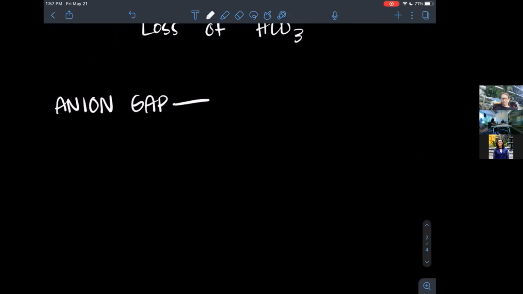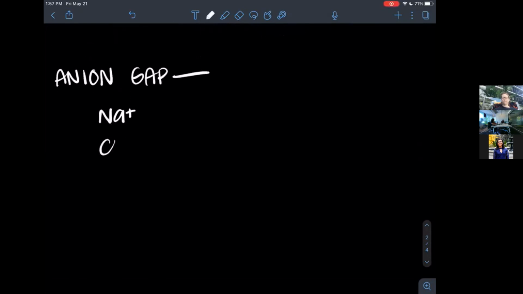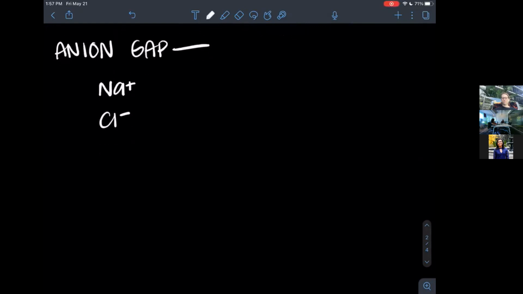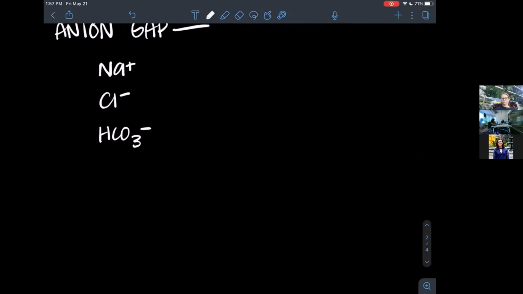The ones that we do measure are going to be your sodium, your chloride, your bicarb, and sometimes we'll also consider your potassium in the anion gap as well, but only if it varies a lot.